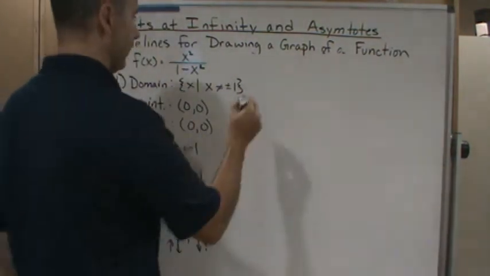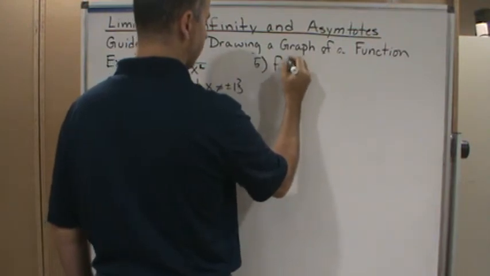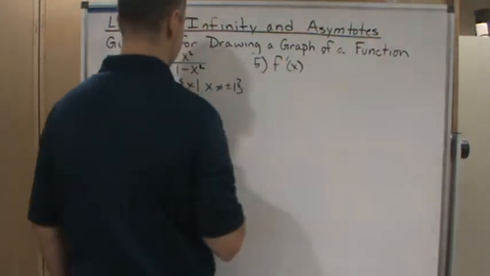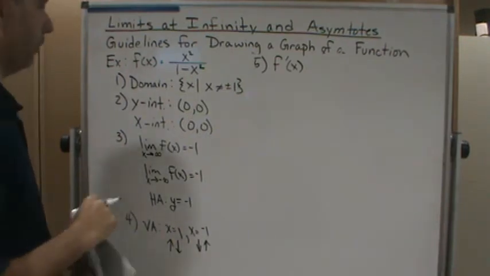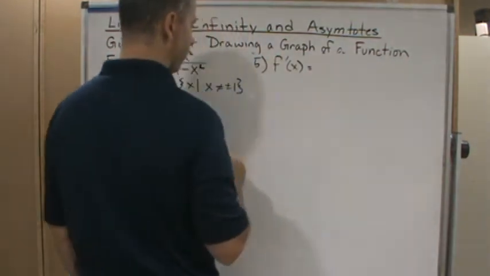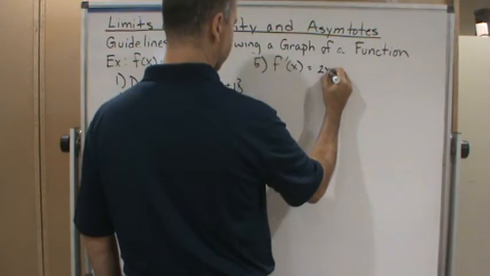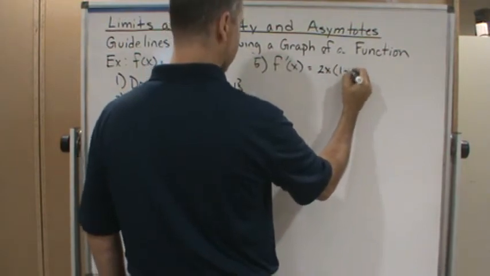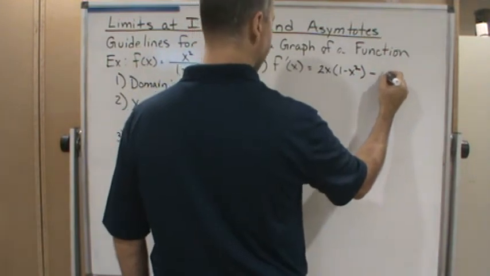Okay, now let's go to step 5, and we're going to take the first derivative. Now the first derivative is, remember, the quotient rule, and so the first derivative will be low d high minus high d low.